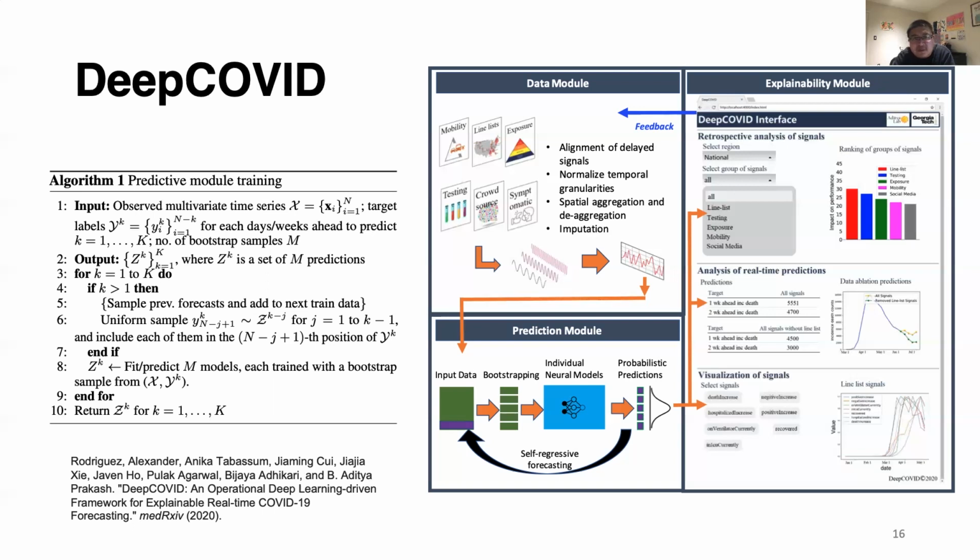The author proposed to use a bootstrapping strategy for each future incidence target K. The procedure generates one prediction per bootstrap sample so that it can obtain a set of M predictions representing uncertainty in data. Such uncertainty was also propagated to future predictions to enforce temporal consistency and capture temporal correlations between consecutive forecasts.